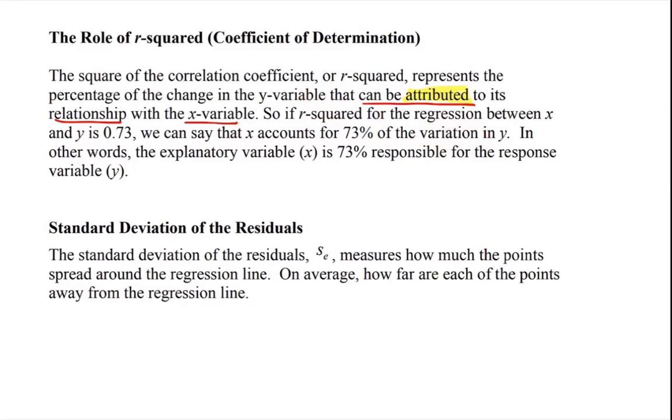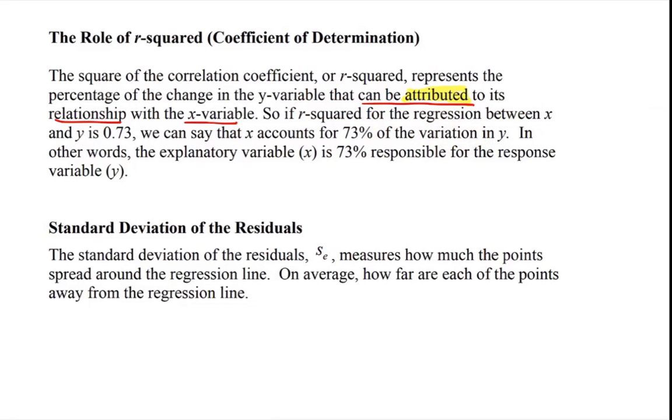That's the answer. But I don't really teach that definition. I teach a more practical definition, the last sentence: in other words, the explanatory variable is 73% responsible for the response variable.